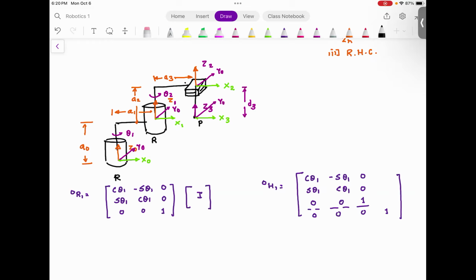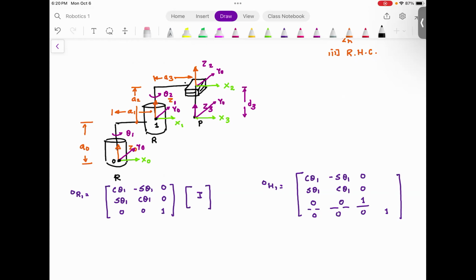This is the distance between frame number 1 and frame number 0 in the coordinate frame of frame number 0. In other words, how do I go from the 0th frame, which is here, to the first frame, which is over here, along the coordinate system of the 0th frame?